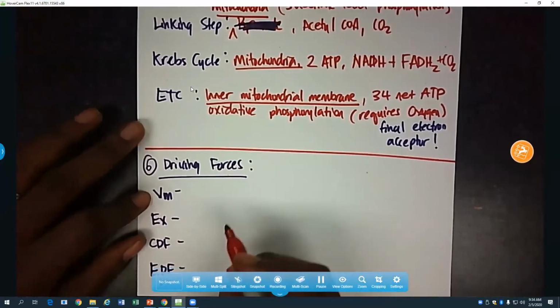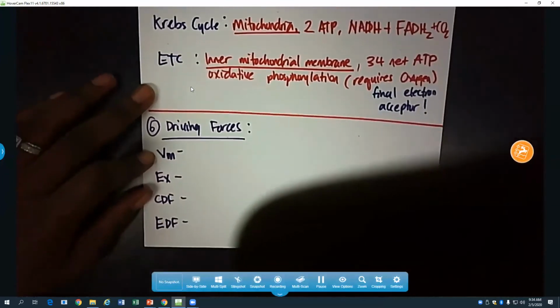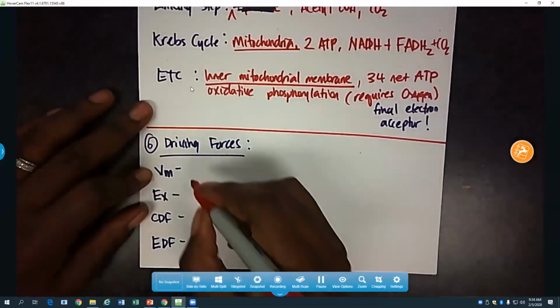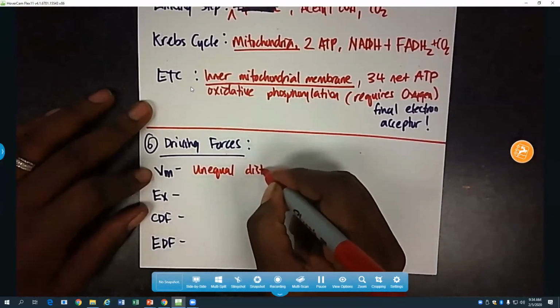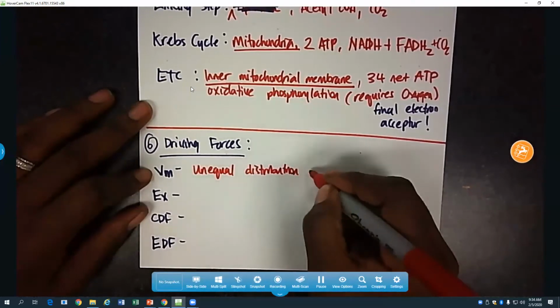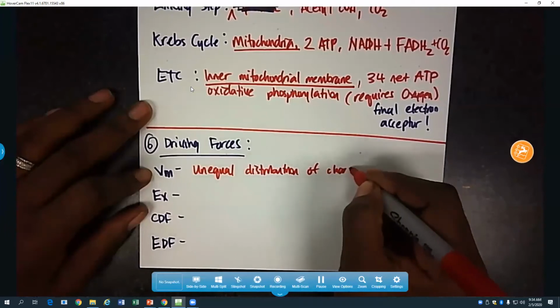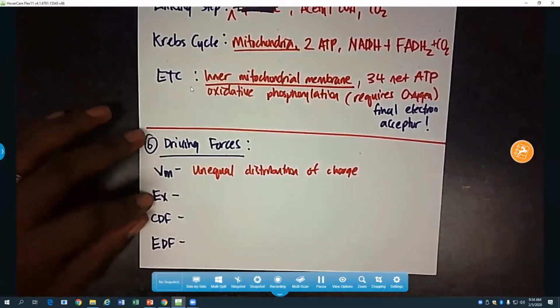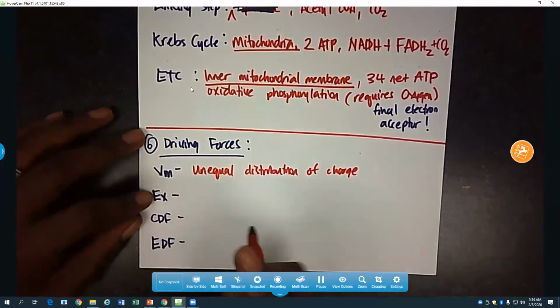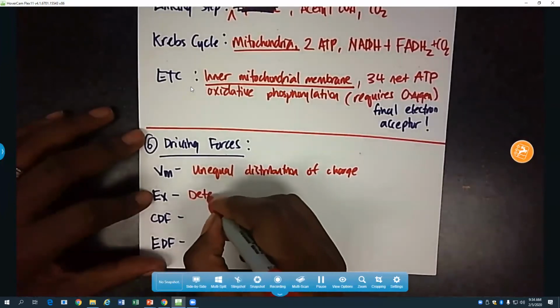So the membrane potential was due to the unequal distribution of charge across the cell membrane, right? That positive versus negative, with the inside of the cell being more negative with respect to the outside of the cell. We spoke about the equilibrium potential, okay? The equilibrium potential was determined by the concentration gradient.